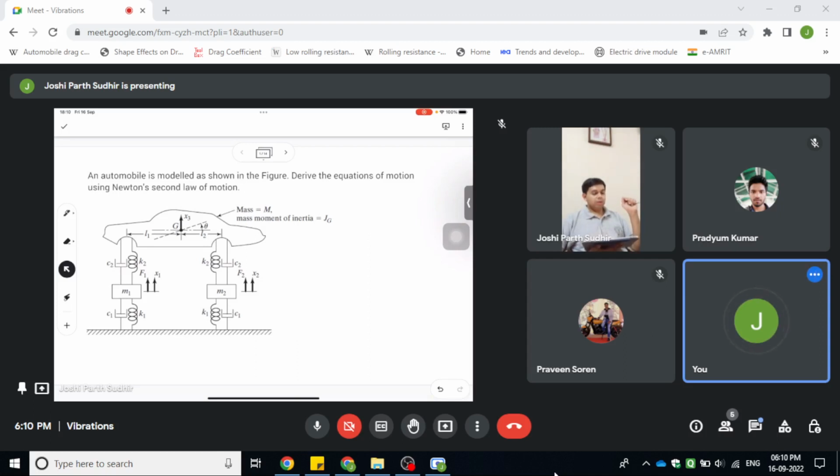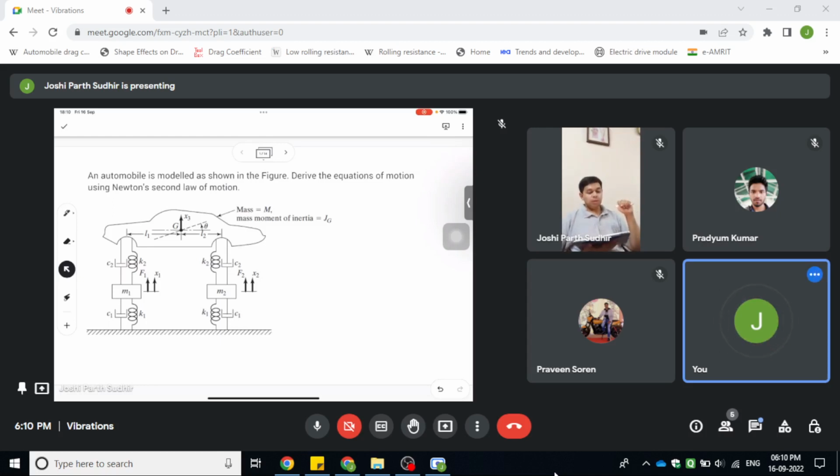It takes into account the pitching motion of the car body. The car body can move up and down, as well as do some pitching motion about its center of mass.